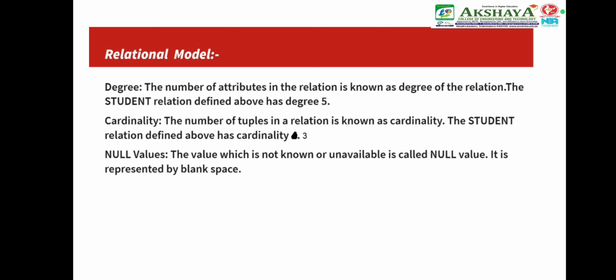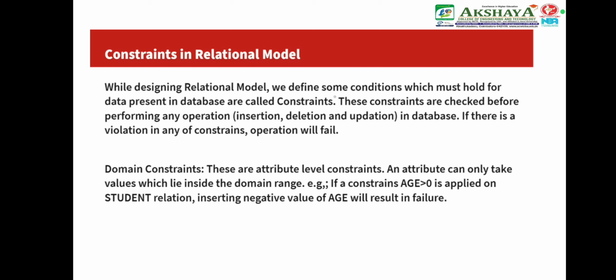An attribute can only take values which lie inside the domain range. If a constraint age less than 0 is applied on the student relation and one inserts a negative value of age, the result is failure.